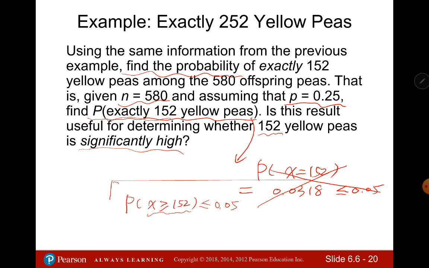Is that the probability of a single x value? The probability is of x equal to a value, and any value even higher than it; it's an interval. But in this case, we only count the probability of a single point, a single value. So this is not the correct probability to help us determine whether the value is significantly high or not.